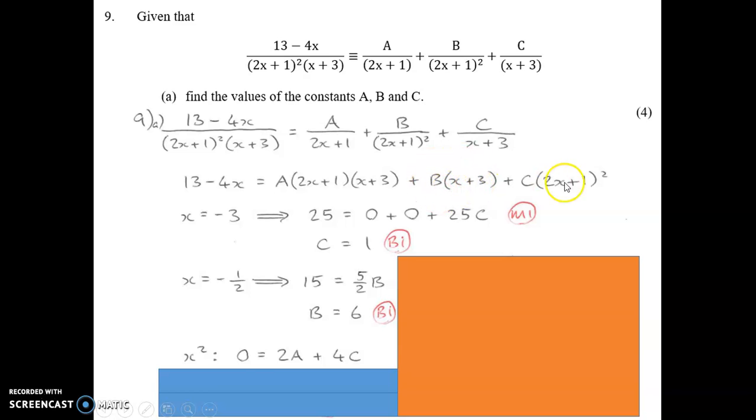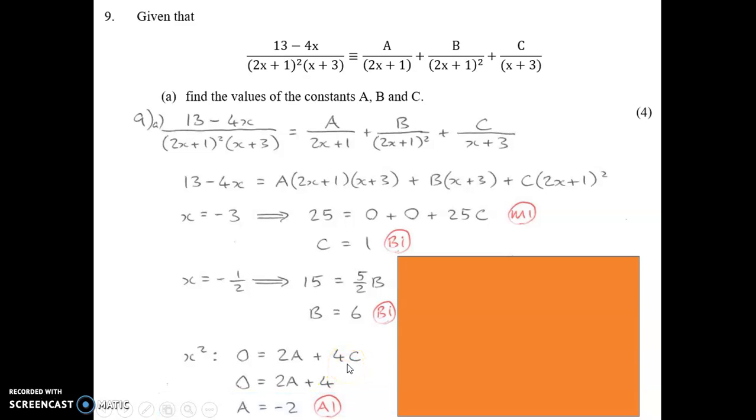This has got no x squareds. This expression, if I expanded it all out, would give me 4c x squared, so coefficient of 4c. So I know that this equation must be true. I've already worked out what c is. C we know is 1, so I can substitute that in to just get 4, and that allows me to nice and easily find the value of a as negative 2, and that would give you your final accuracy mark.